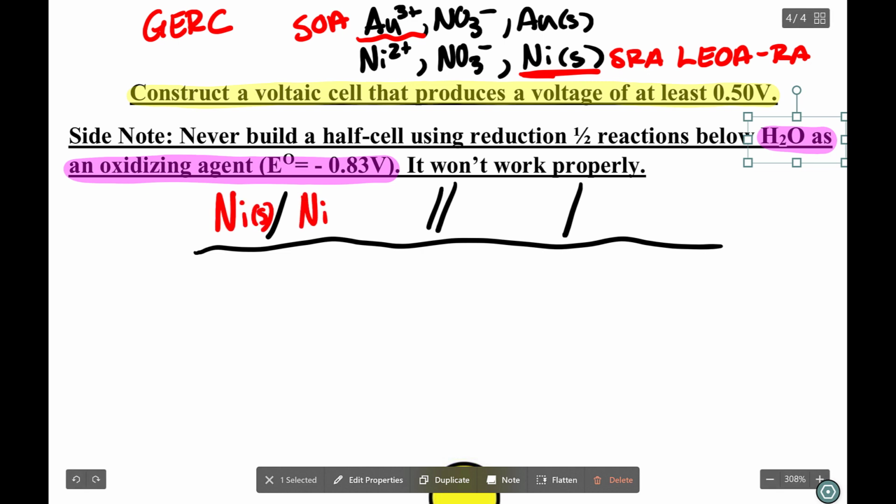This is nickel 2 nitrate. You can keep the nickel and nitrate together or you can split them apart. The gold 3 nitrate would go here. Again, I could have it as gold 3 and nitrate separated, or I could put it together. And then gold is the cathode, so it belongs on the outside.